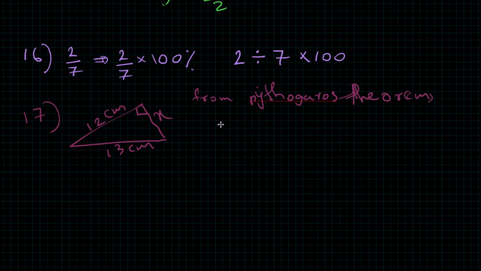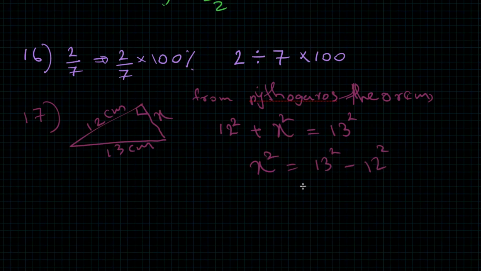From Pythagoras theorem, you get 12 squared plus x squared equals 13 squared. The square of the two sides added together is equal to the square of the diagonal. Now if you want to find x, we keep x squared on this side and bring this 12 squared to this side.